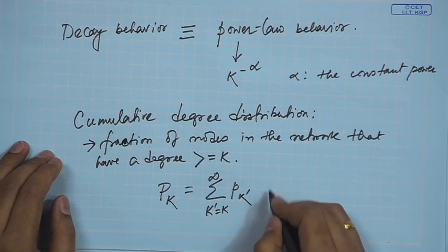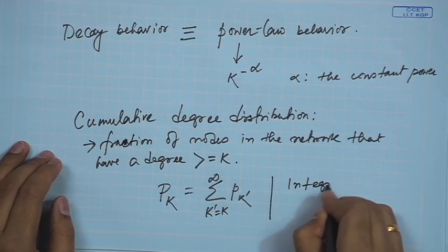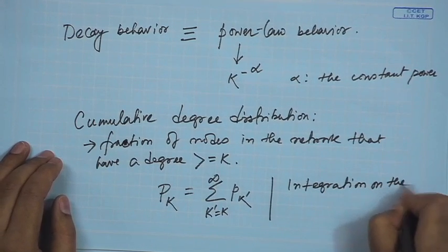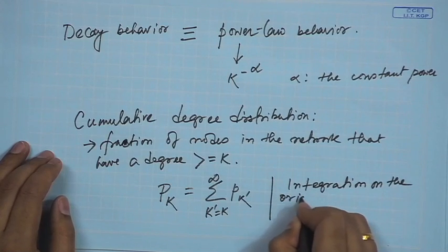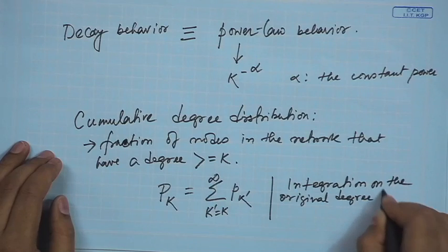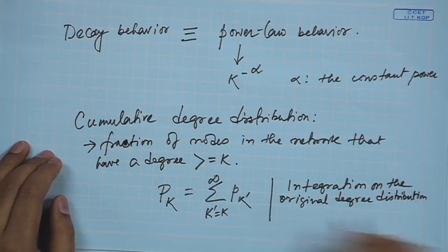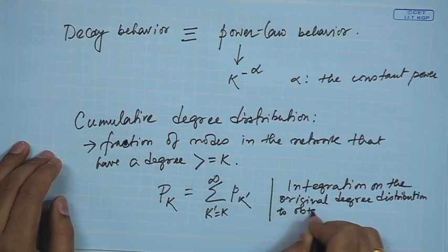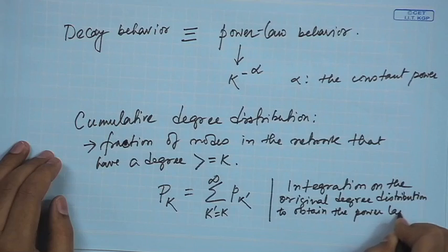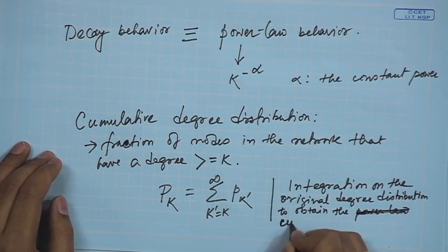So, you are integrating on the original degree distribution to obtain the cumulative degree distribution.